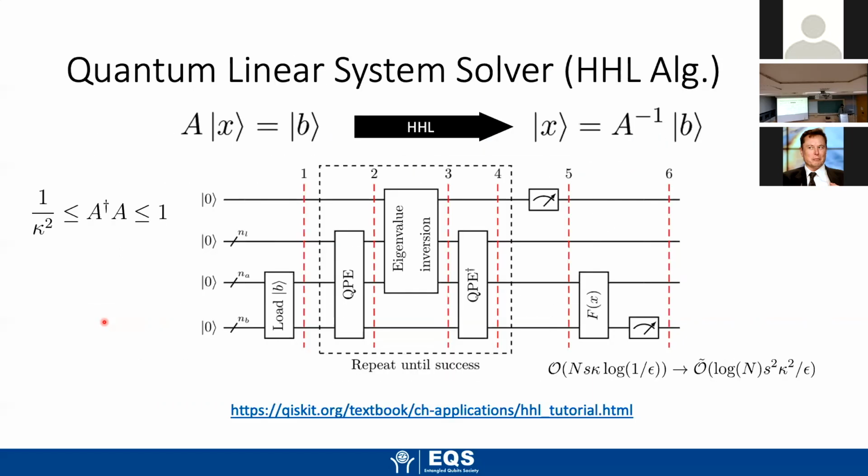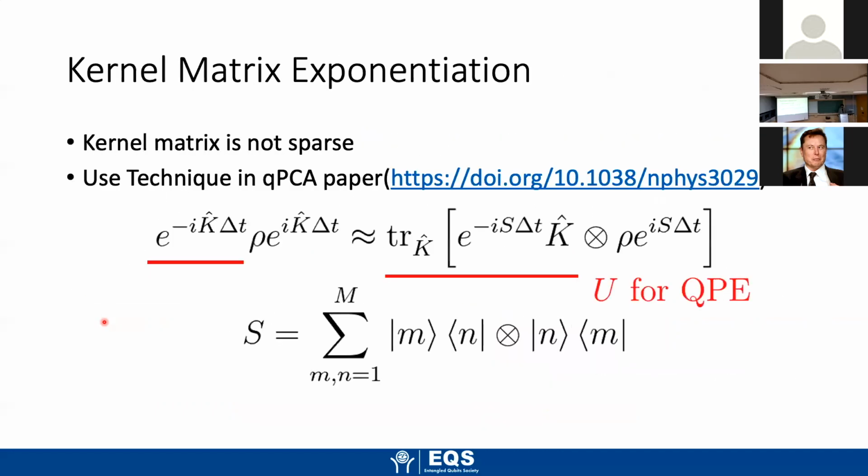And also, for the time evolution, you said it was easy to implement, but I didn't quite understand why. Well, because the matrix itself is very sparse.